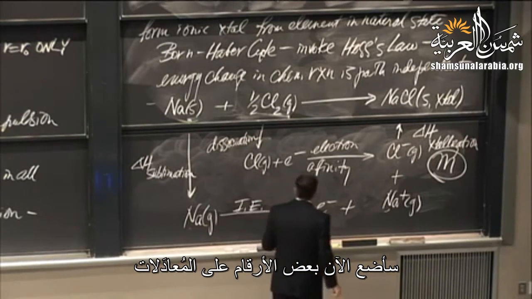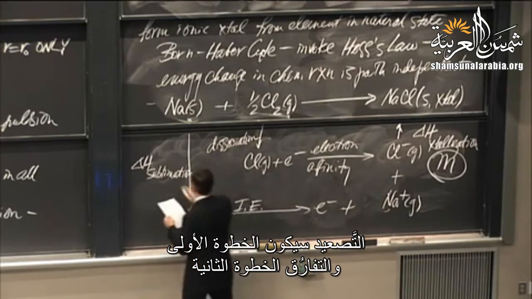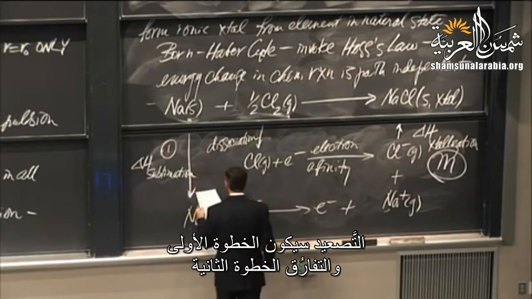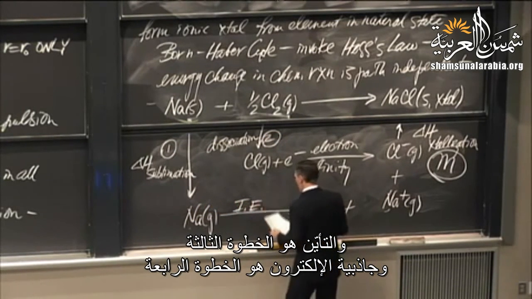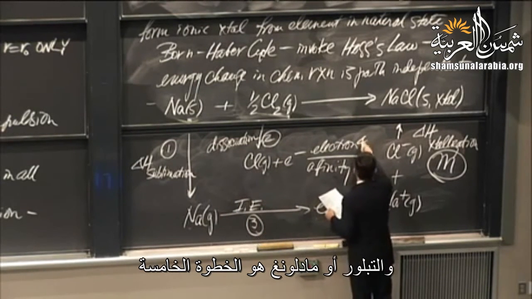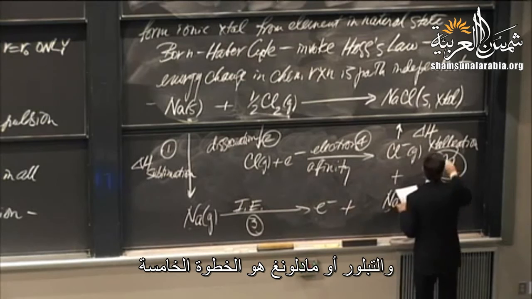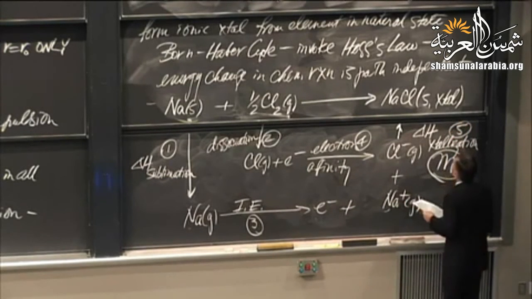And I'm going to now put some numbers on here. Let's see, I'm going to call sublimation step 1, dissociation step 2, ionization I've got here is step 3, electron affinity is step 4, and crystallization or Madelung is step 5.